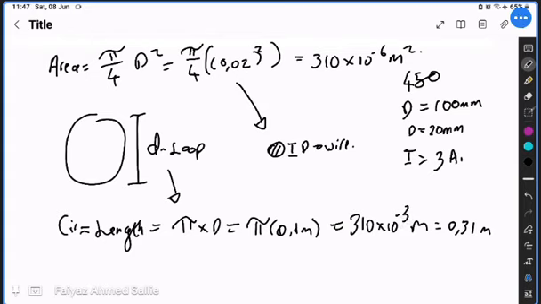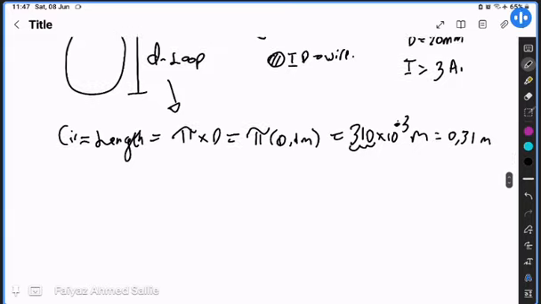You're basically going to take this negative and move it 1, 2, 3 decimal places. So now we have the length and we have the diameter of the loop.